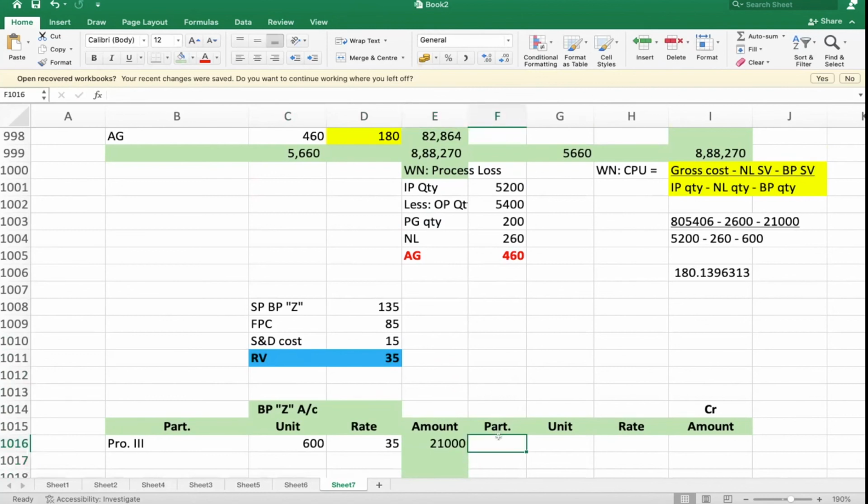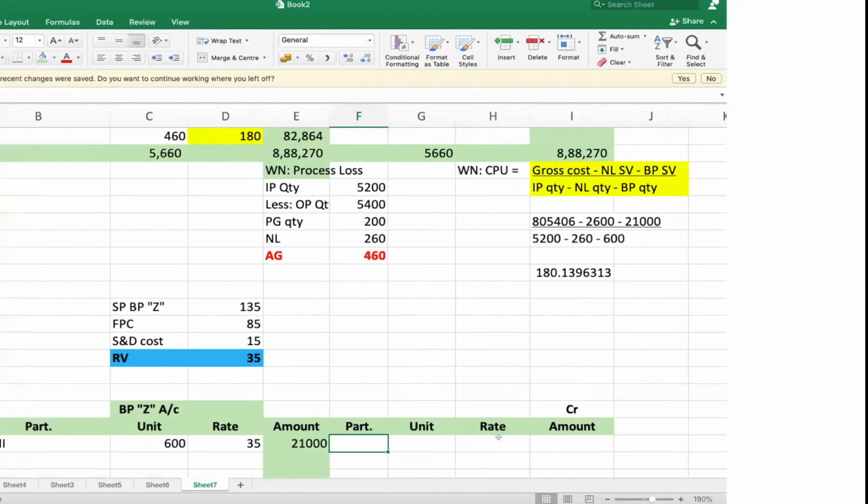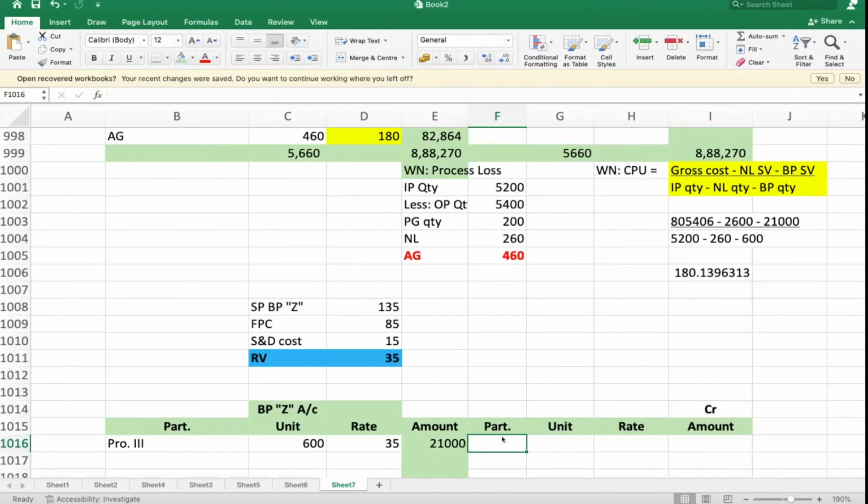Now that byproduct, how much the sale value of the byproduct? How much selling price? Sale price is 135. The byproduct, what you are going to do? By sales will happen.